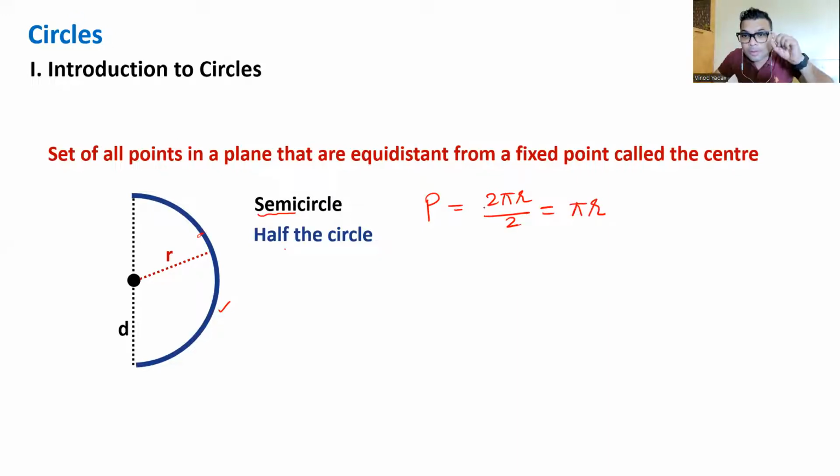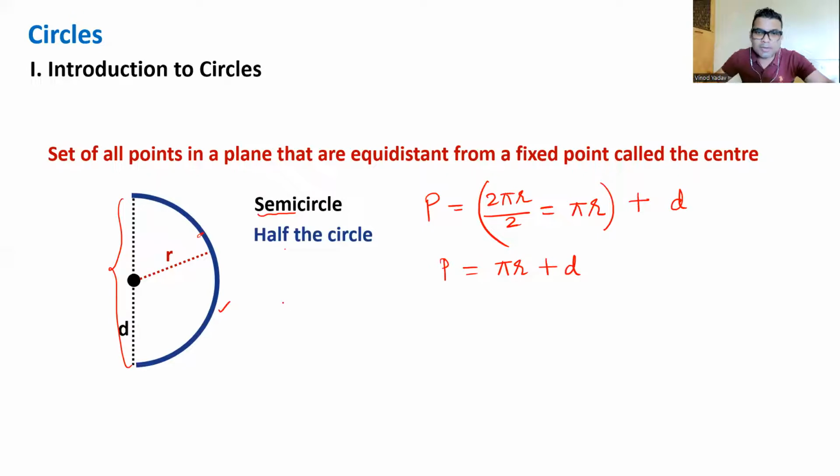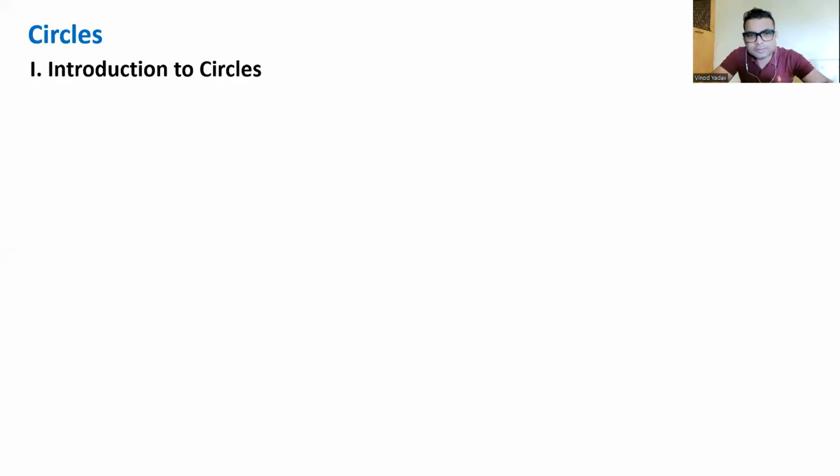But this straight edge is also part of the boundary, and it is the diameter. So the perimeter is pi r plus 2r, or pi r plus d, and the area will be half of the full circular area.